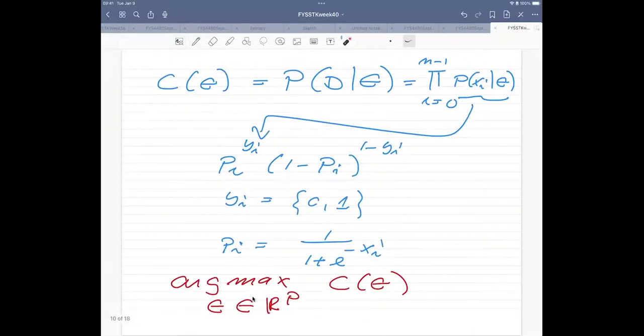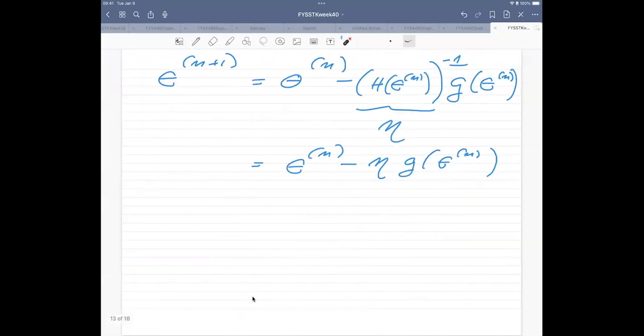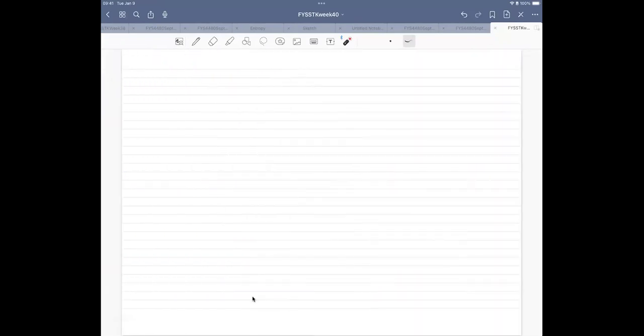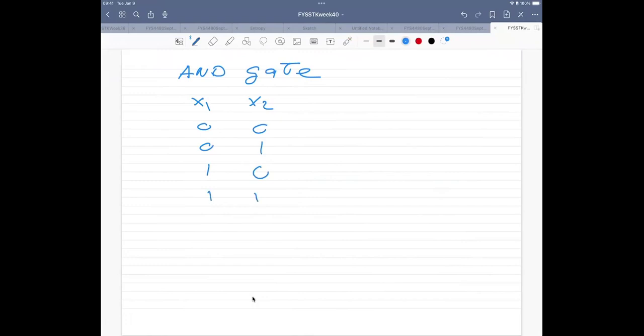So if you look at the AND gate, this has as inputs x1, x2, so you have 0, 0, 0, 1, 1, 0, 1, 1, and then the output here is now 0, 0, 0, and 1.